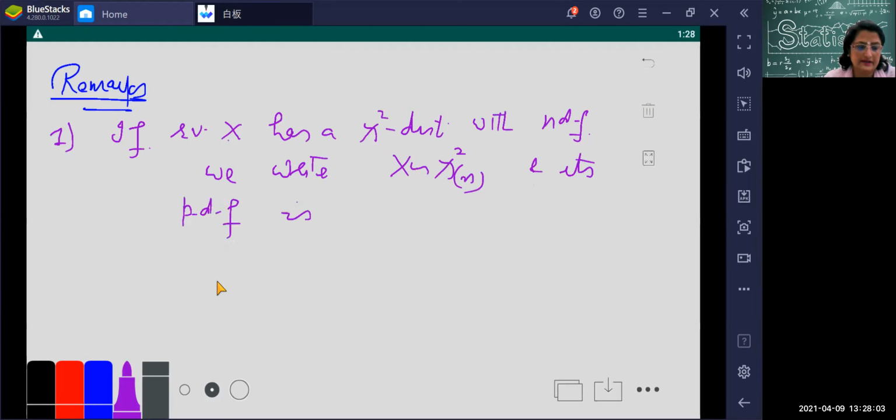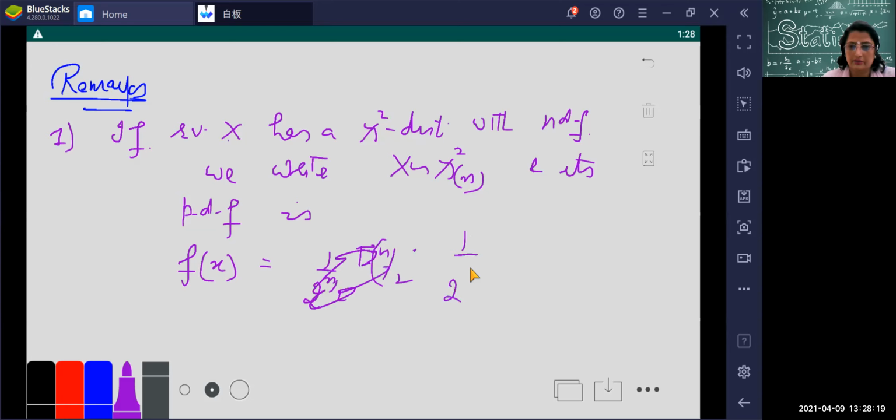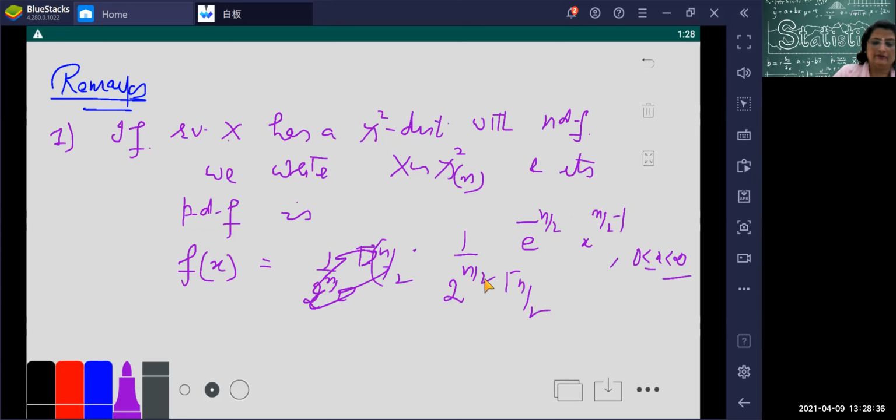And its PDF is given by, 1 by 2 raised to the power n by 2 gamma n by 2, e raised to power minus x by 2, x raised to power n by 2 minus 1, with the domain limit 0 to infinity, right?